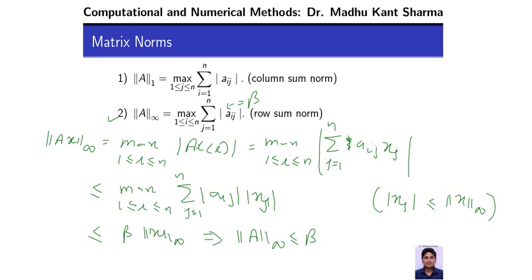Now you need to show that, again you have to create an artificial vector x such that norm Ax infinity is beta. So what is beta? Beta is equal to the maximum over 1 less than or equal to i less than or equal to n of summation j equals 1 to n of mod of Aij.